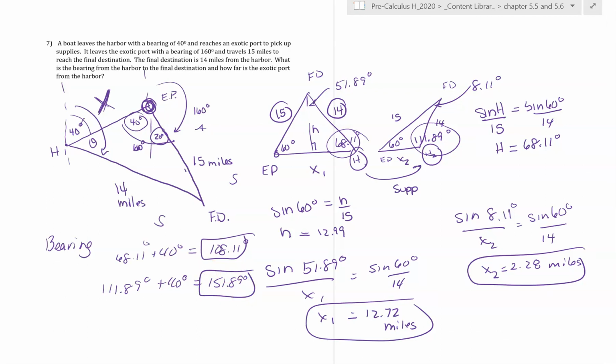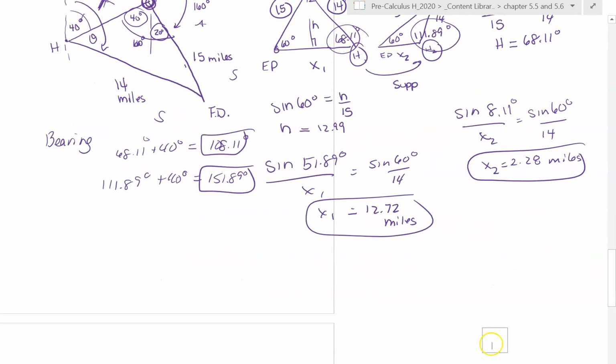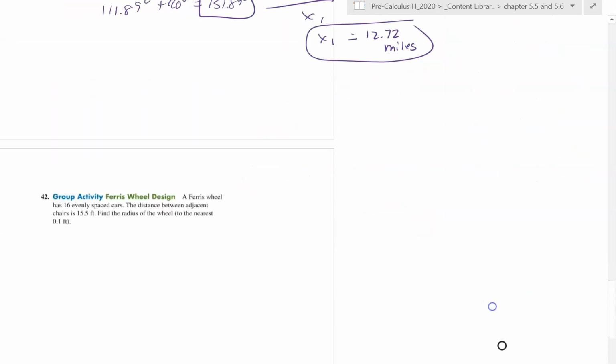So 2 different answers for the bearing and 2 different answers for the distance, because again, there were 2 possible triangles. So the other 2 questions we will have for homework.